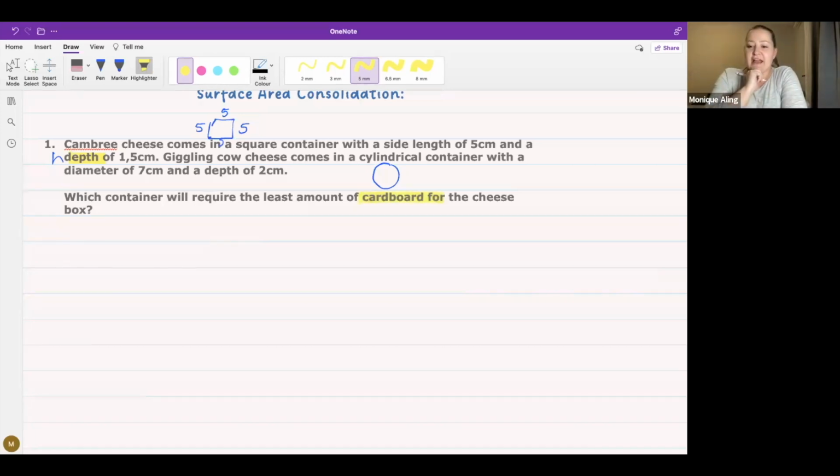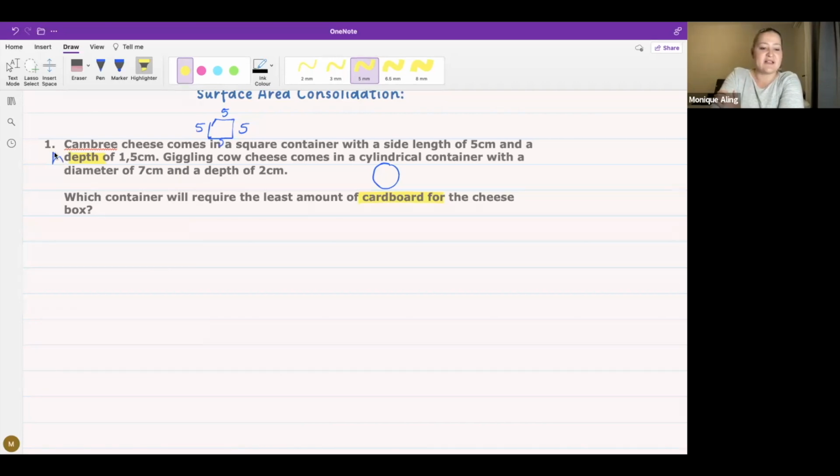So what are they actually asking us to work out? If we think about the cardboard that goes around the cheese, are they asking us to work out area, perimeter, surface area, or volume of these boxes? No worry, Leah.